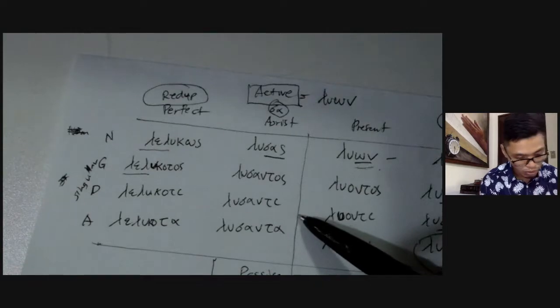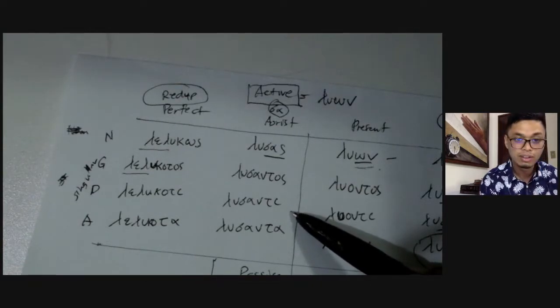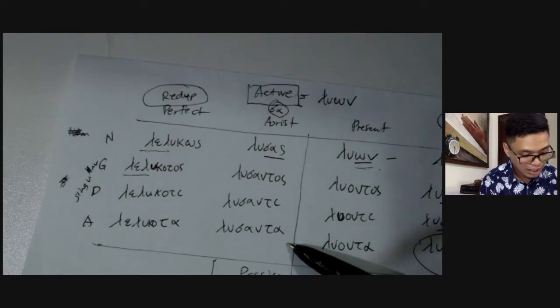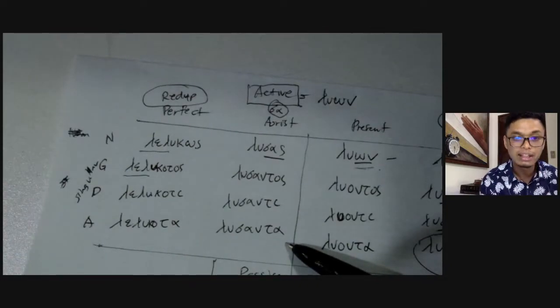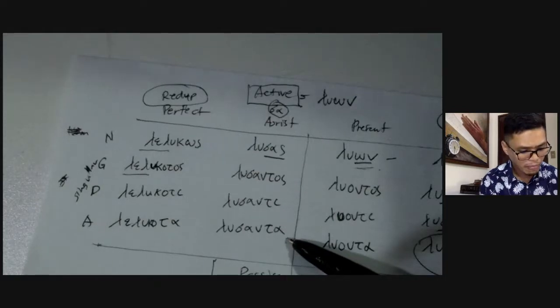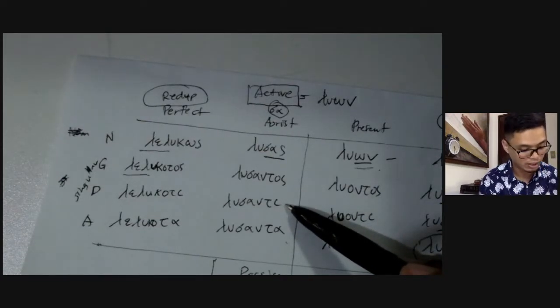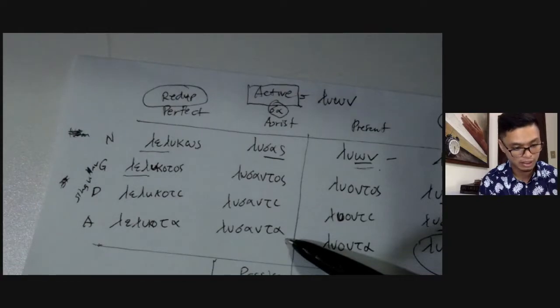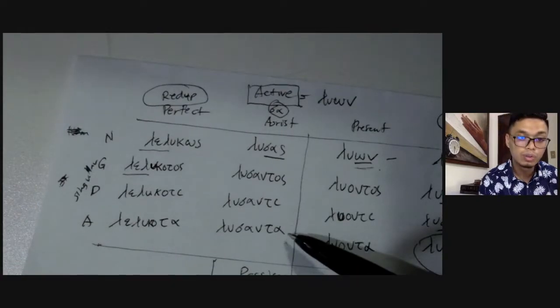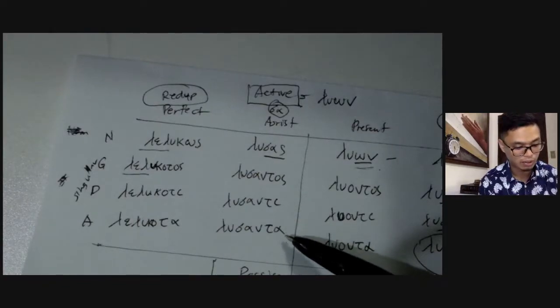Instead of luonti, here you have lusanti. Instead of luonta, here you have lusanta. Of course, you already know this is the genitive, this is the dative, and this is the accusative just by looking at it. But now, if you parse for the tense, you know that this is aorist.